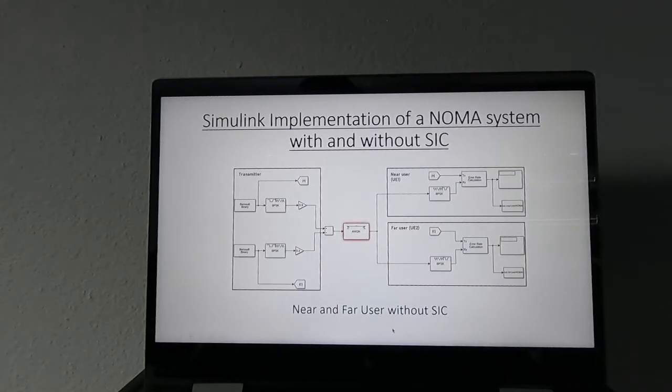Here's an example of a near and far user without SIC. So this is our base transmitter, and the near user will have a higher power because it's closer to the transmitter, and the far user will have a lower power, 0.2, because it's far from the transmitter. Both messages are added into the channel.